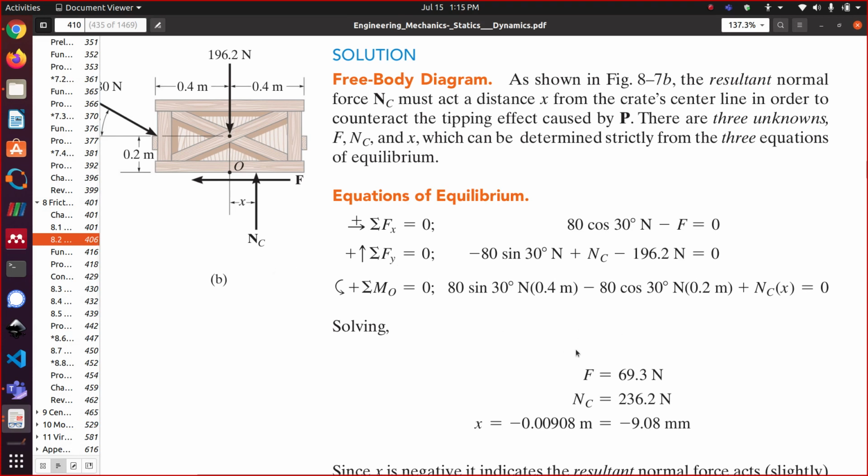Like I told you, we are looking for values which make sense. So what values of x will make sense here?